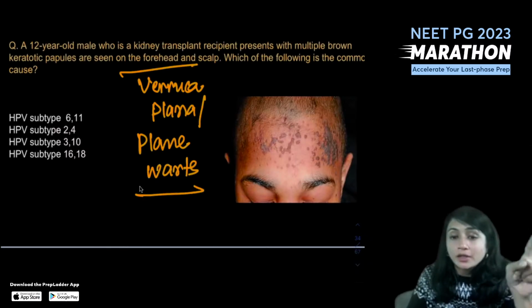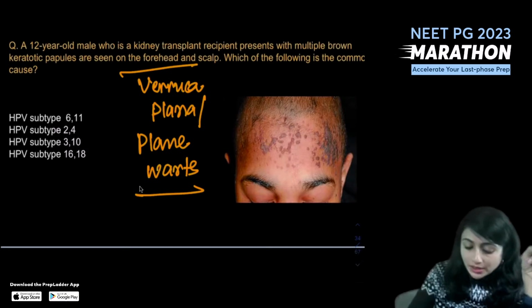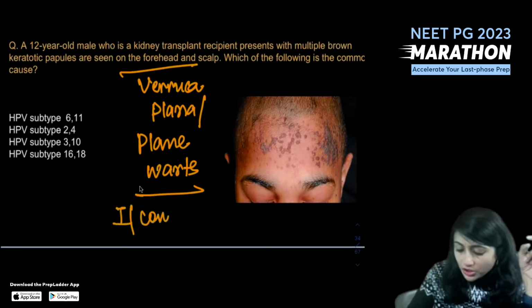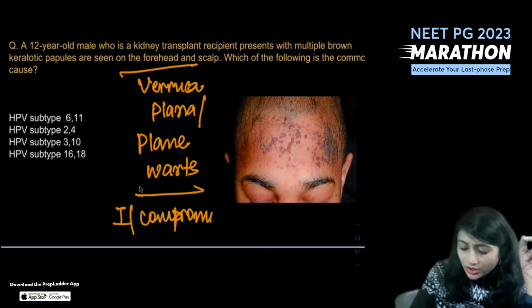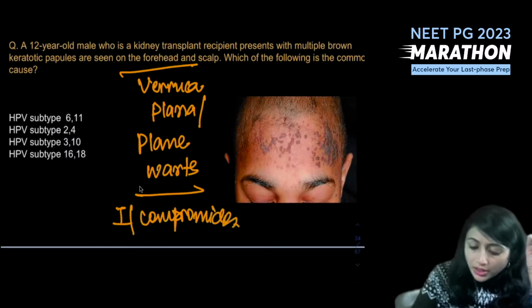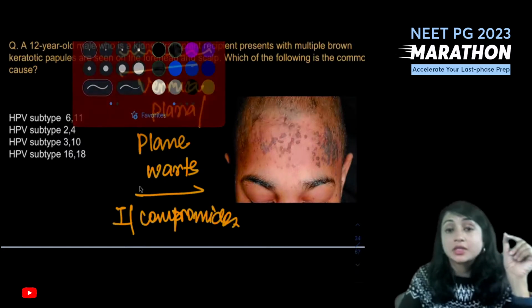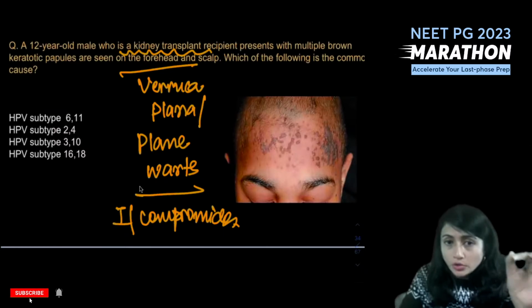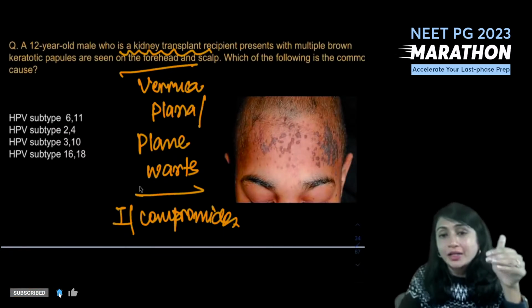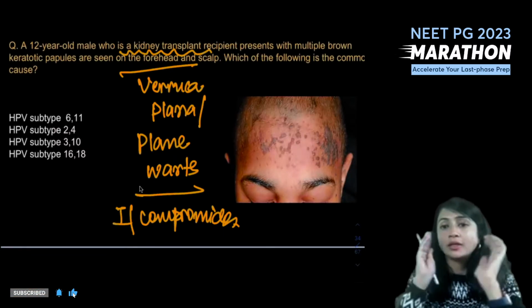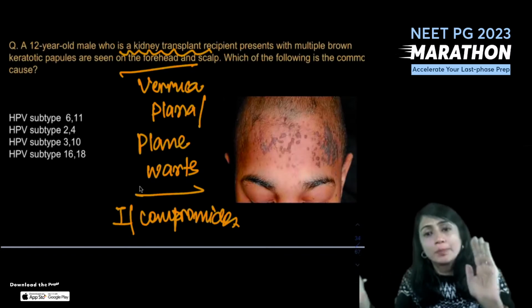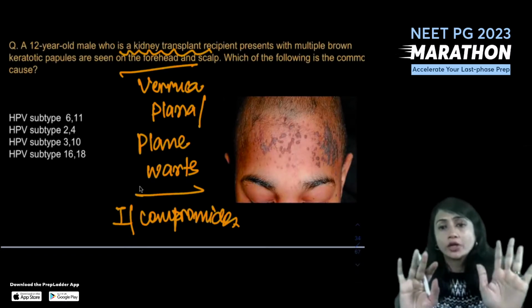Now, I told you plain warts are more commonly seen in immunocompromised individuals. So in the question, they are making it clear to you that it's a kidney transplant recipient, so immunocompromised. Sometimes you look at the image and you're not sure whether it is verruca plana, verruca vulgaris, or what type it is.